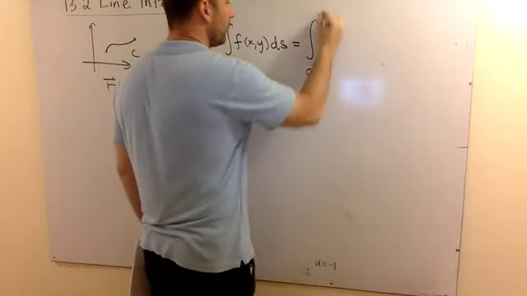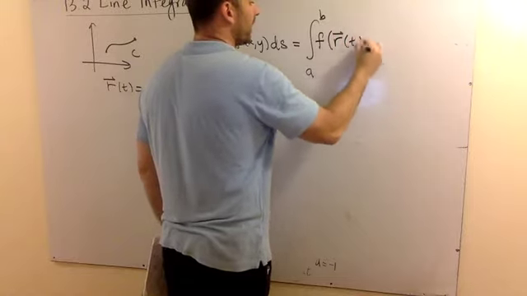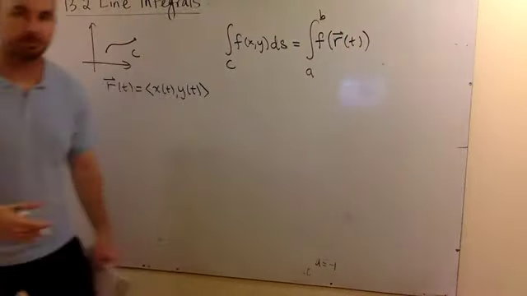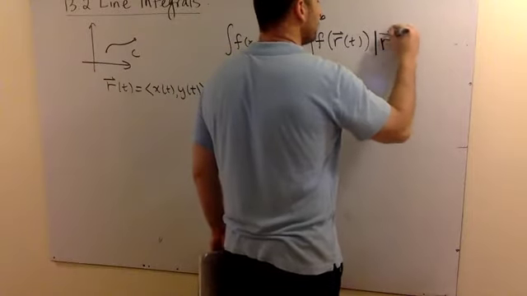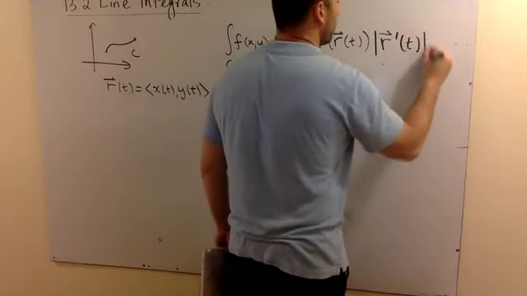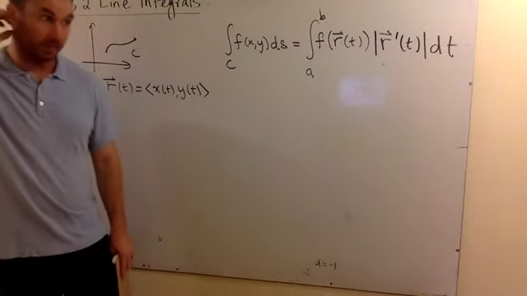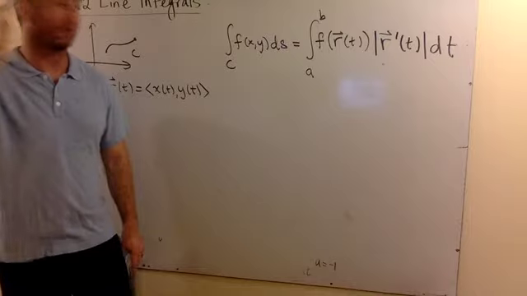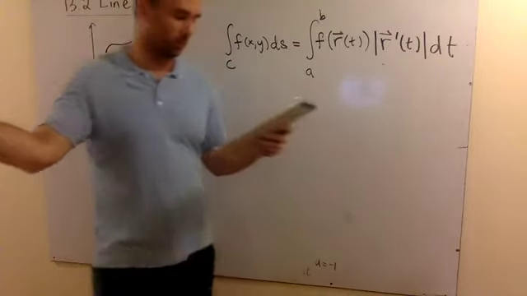It's the integral from A to B. I'm going to plug R, treat it as a vector there, into F, and then I multiply by the magnitude of R prime. If you think about it, this is exactly what that square root of x prime squared plus y prime squared was. So this is a little bit more concise form.